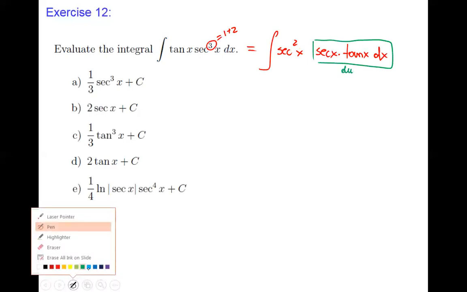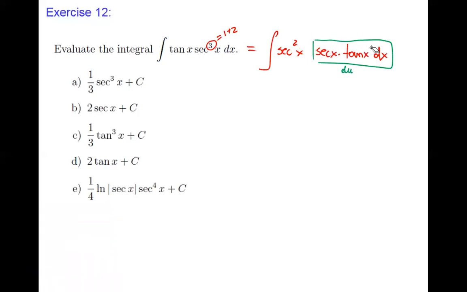And actually, perfect. This is the derivative of secant of x, and the rest of the formula is in terms of secant. That means u will be secant of x, du is the derivative of secant times tangent. Excellent.